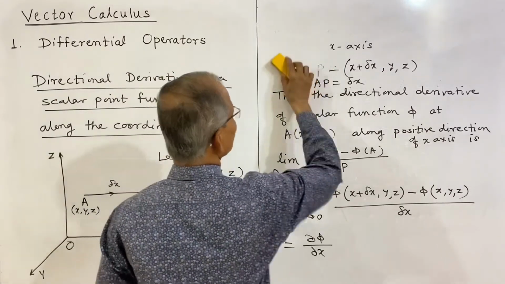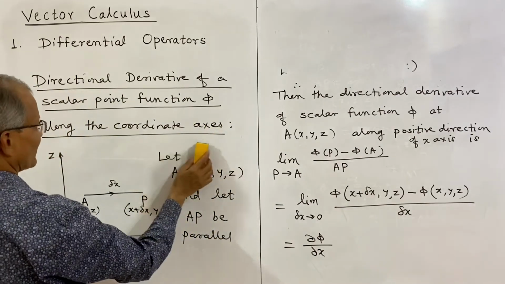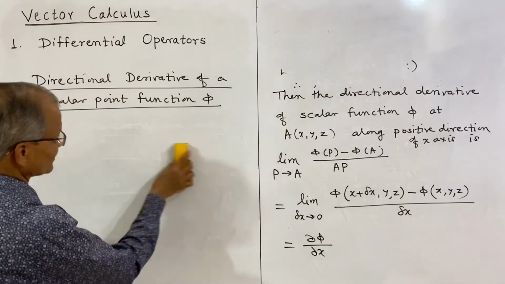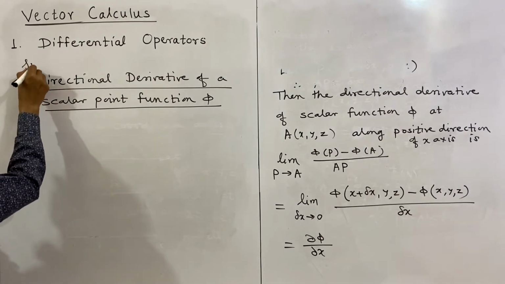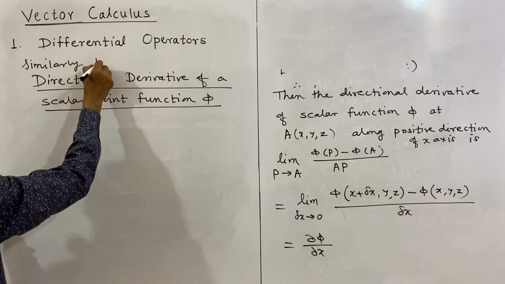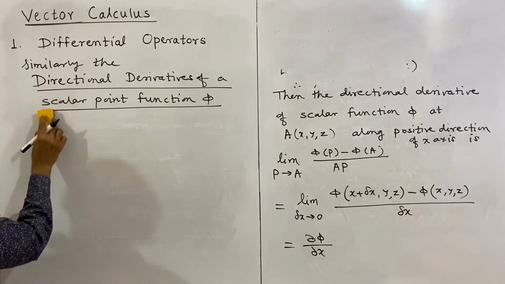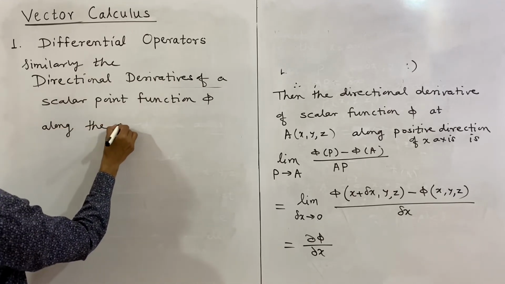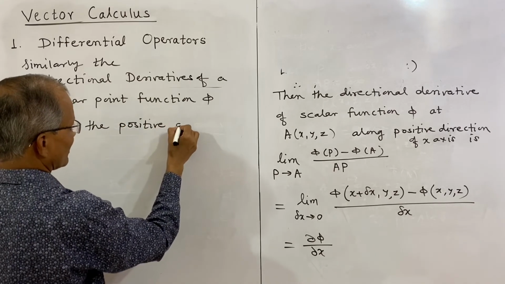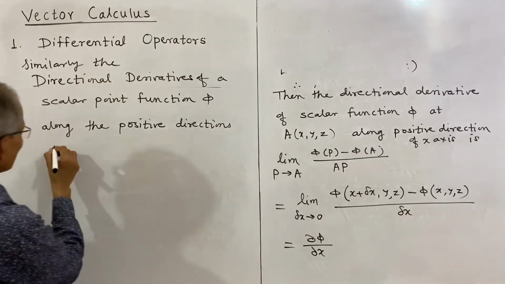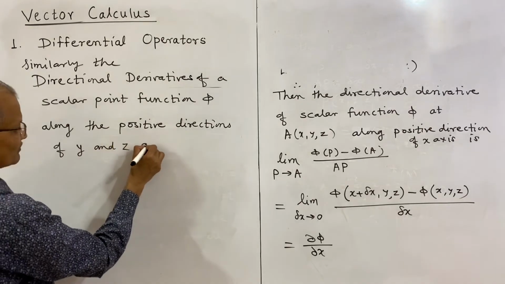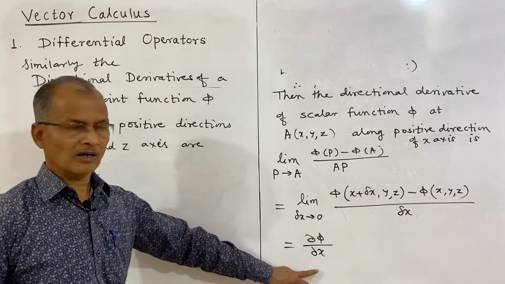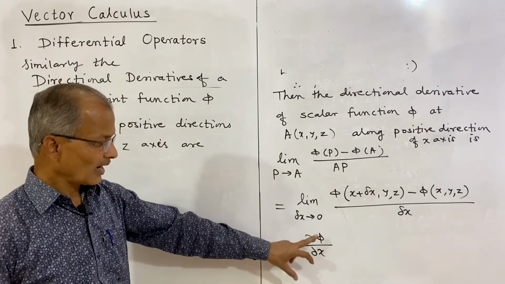So similarly, the directional derivatives of a scalar point function phi along the positive directions of the y and z axes are dou phi by dou y, because we have obtained the result for the positive direction of the x axis. The function is phi and we get dou phi by dou y.